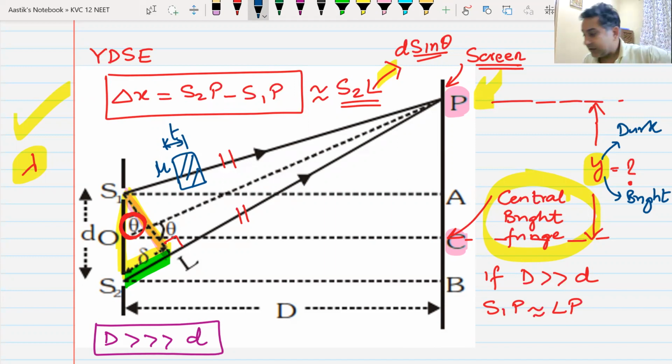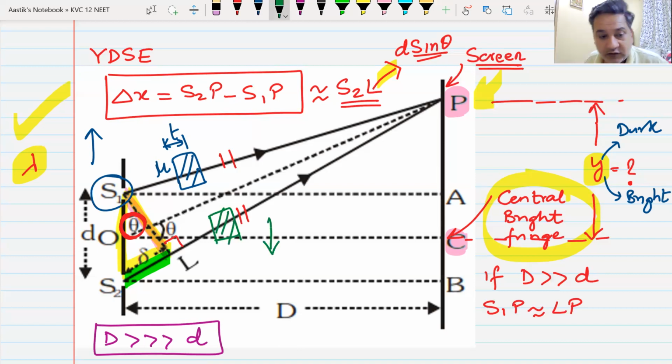If I put the glass slab in the way from S1, the pattern will shift upwards. If I put a glass slab in the path of the S2 wave or in front of the S2 slit, it will shift downwards. Do we understand this?